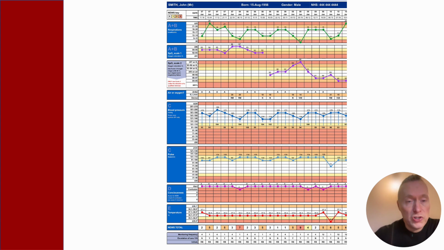On the chart, which is a colour chart, the observations are entered onto the chart, and at the bottom a NEWS score is able to be calculated, and then the person is escalated according to the local policy for each of those scores, and really importantly, how often they are to be continued to be monitored. So how often their observations are to be repeated is also documented on the chart in accordance with the local policy.